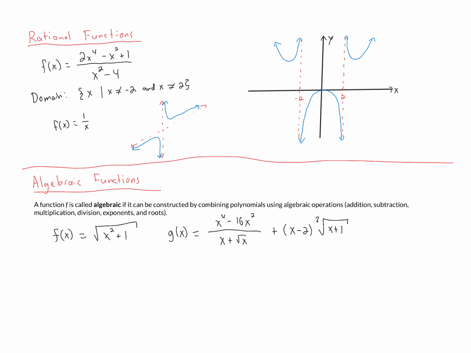I know there's a lot going on here, but each part of this is either a polynomial or a polynomial inside a root. X itself is a polynomial, so that being inside a root is fine, and adding another polynomial to it is fine. Even though this is complicated, it still counts as an algebraic function.